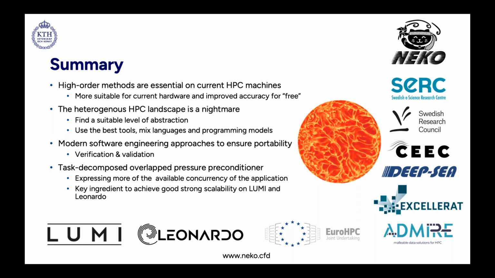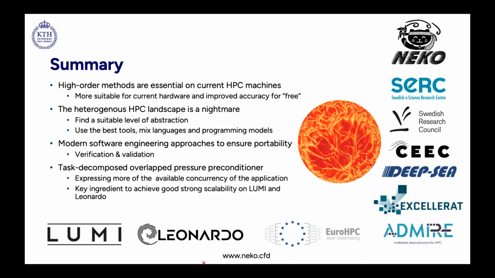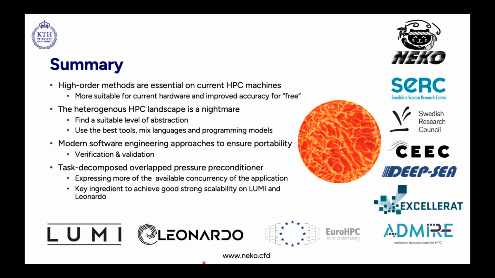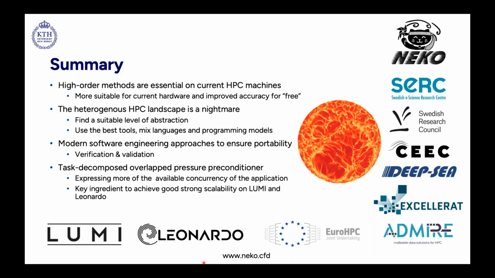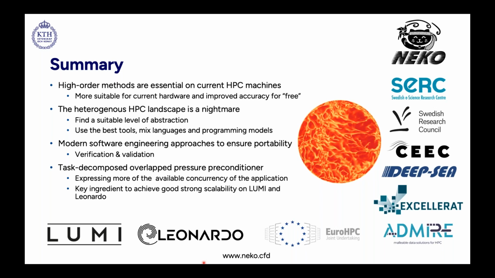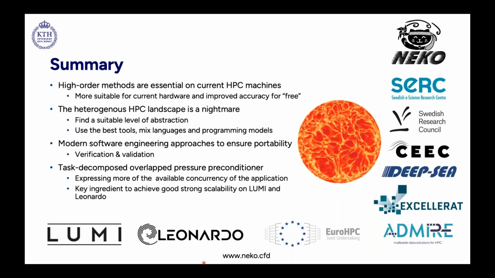And of course, it's very important, and I cannot stress it enough, to use good software engineering approaches to ensure portability and also performance portability. An illustration of the success of this is the task-decomposed overlap pressure preconditioner that we have now, which really managed to close the gap from 80% to 100% on the full LUMI machine.